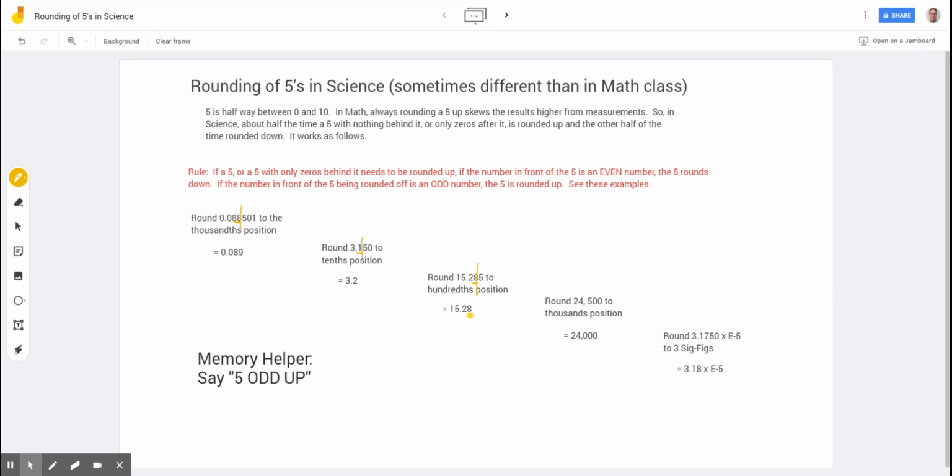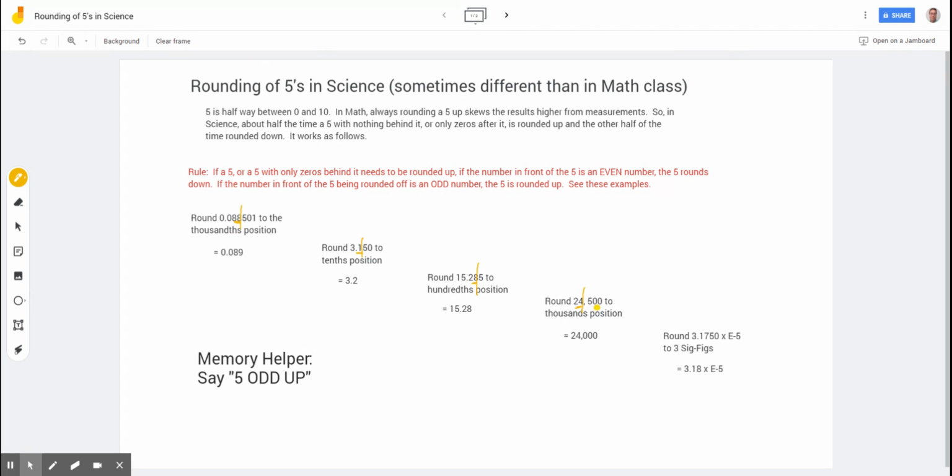All right. Now let's look at the next example. We want to round 24,500 to the thousands position. Let me underline the position that we're rounding to. That's the 4. Draw a vertical line behind the position we're rounding to. Now I want to look immediately to the right of that vertical line, and I have 500.